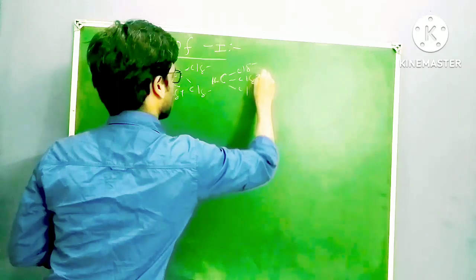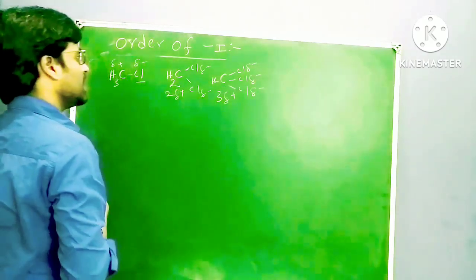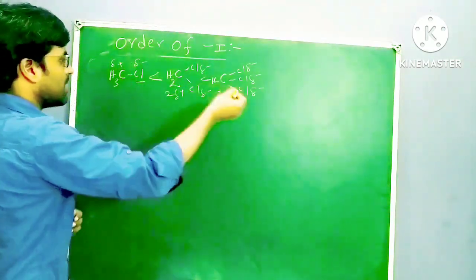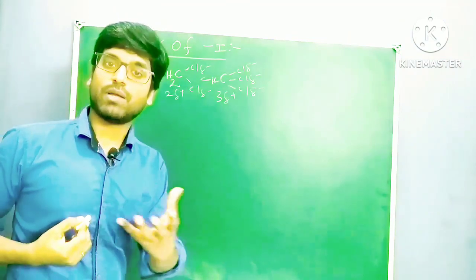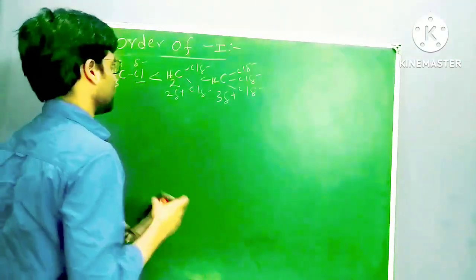Here two chlorines, here partial negative, here partial negative. So here 2 delta plus, here partial negative, partial negative, partial negative. So 3 delta plus. That means the minus effect for this group is higher than this. So this is the order. If you have more number of electron withdrawing groups, more minus effect. This is also something you can remember.